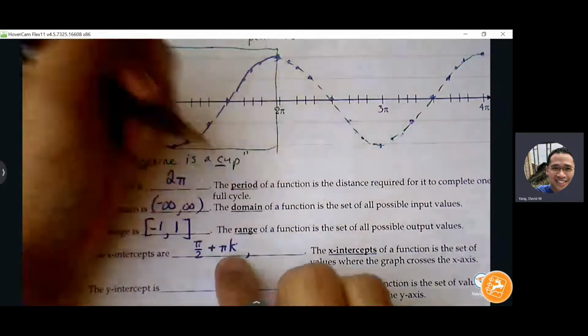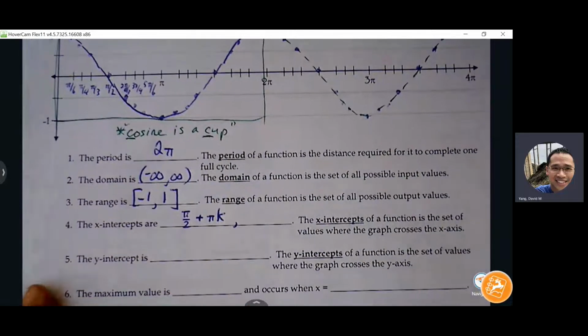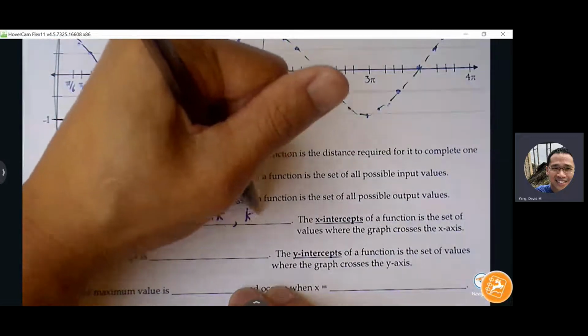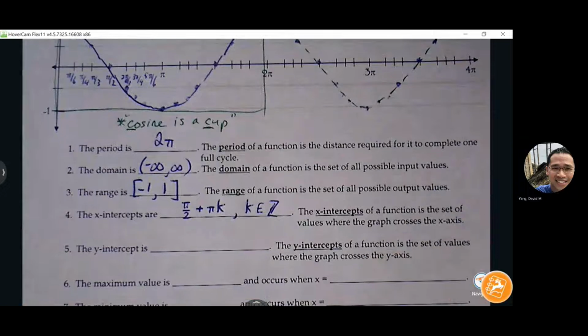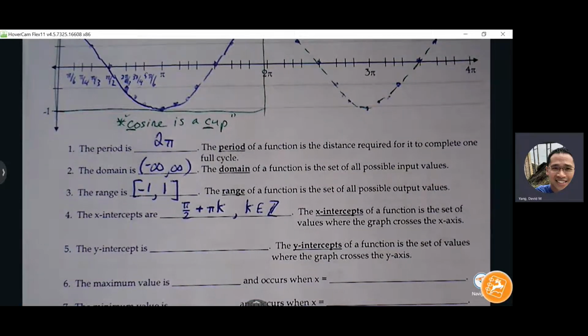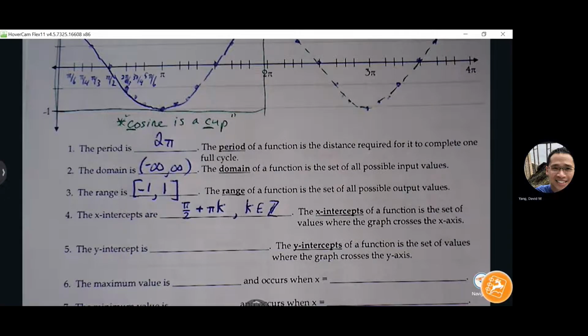And k is an integer. I don't want k to be like 0.8 or 0.9. I want it to be integers. So k is an element of the integers, just to specify the restriction when we're using k.